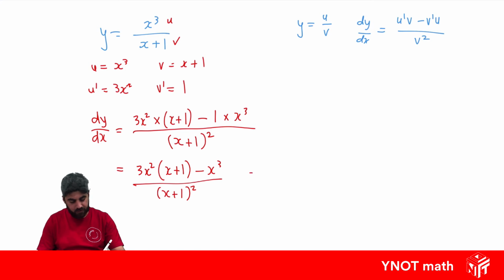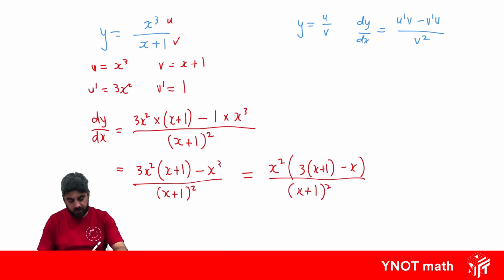We can factorize a little bit out of the numerator, taking x squared out as a common factor. That'll leave us with 3 outside of x plus 1 minus x all over x plus 1 squared. We can tidy up the bracket in the numerator.